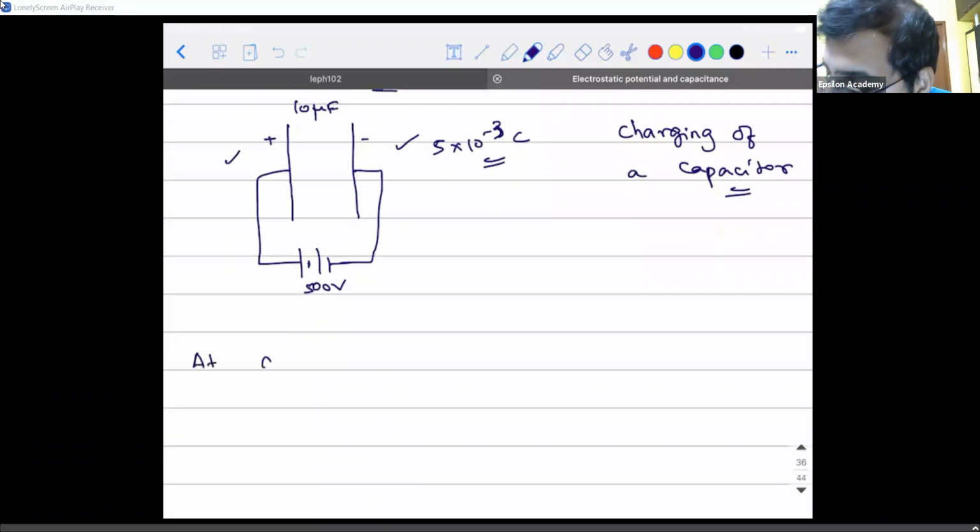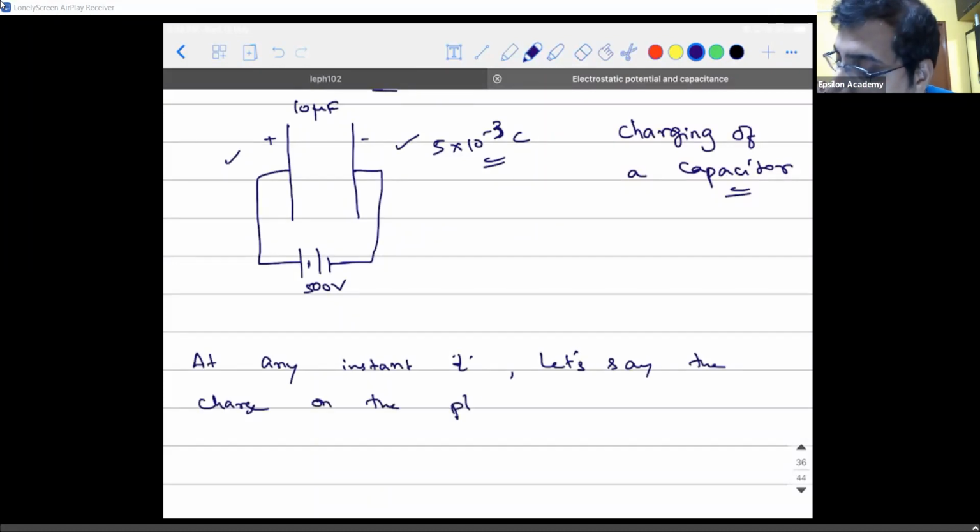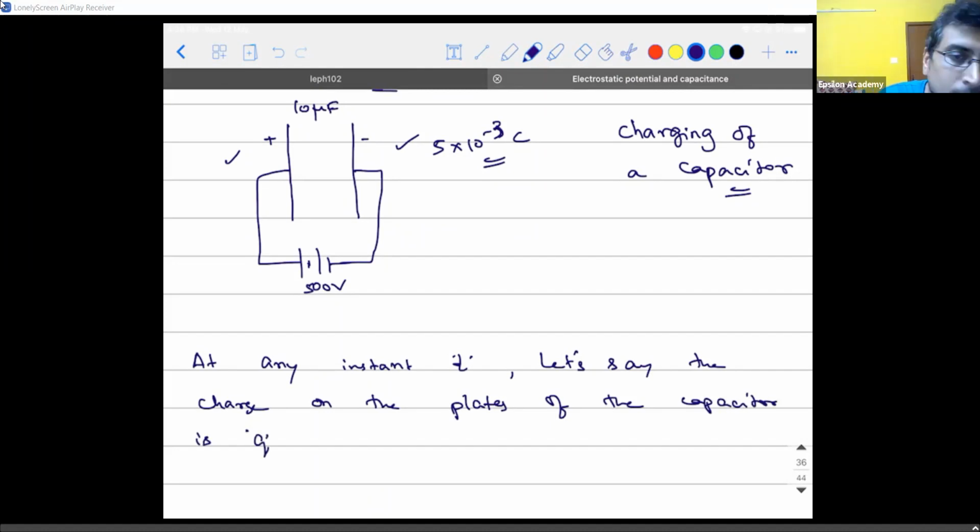So I'm going to do it like this. At any instant t, let's say the charge on the plates of the capacitor is Q. So what do I mean by Q? Here it is Q, here it is Q. Okay.